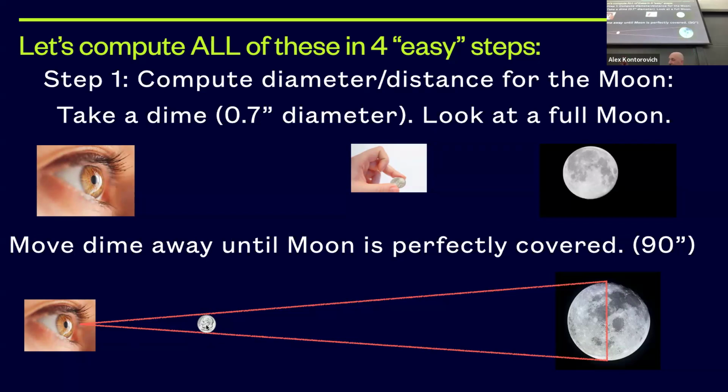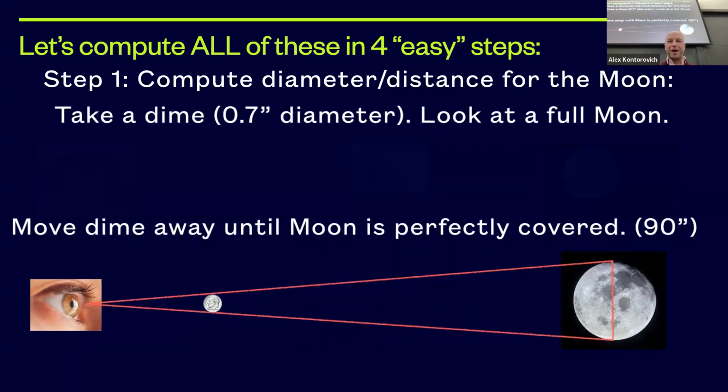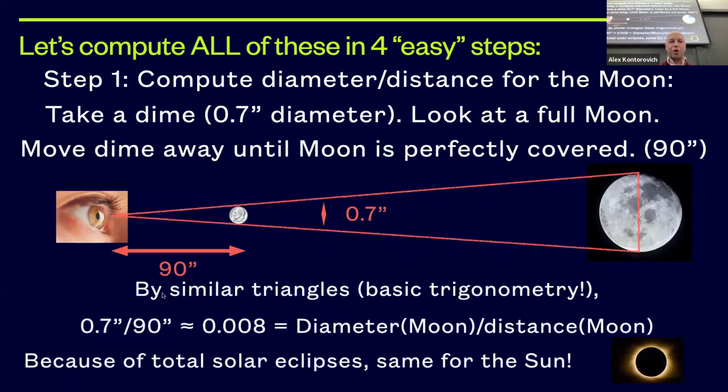If you run out this experiment and run a ruler to the window from your eye, you'll see it's about 90 inches. You have to stand about 90 inches away from the window for the dime to perfectly cover up the moon in the night sky. If you divide 0.7 by 90, you get 8 1/1000ths, very roughly.